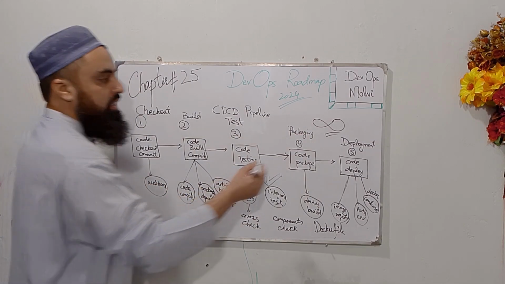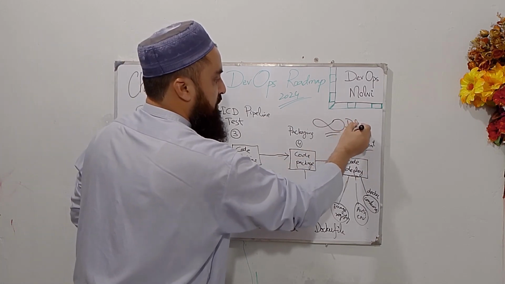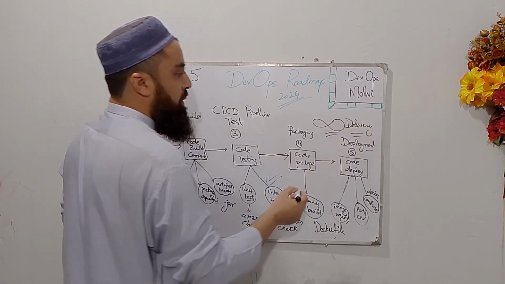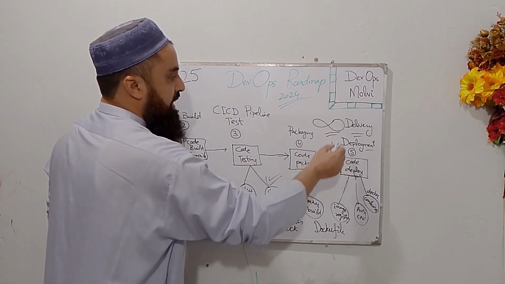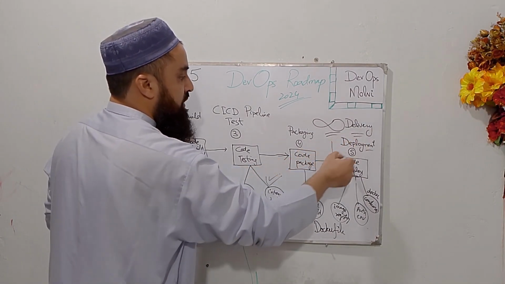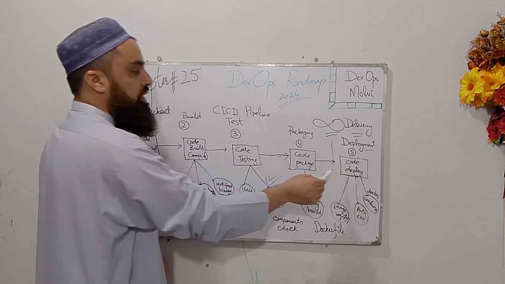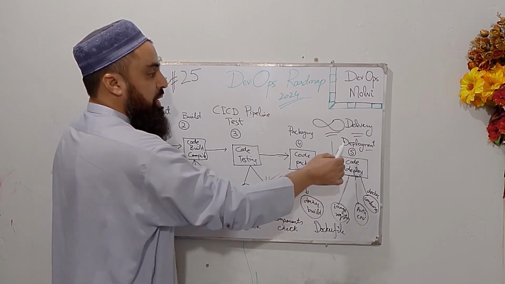If we have code delivery instead of code deployment, we must address the difference between code delivery and code deployment here as well. In code delivery, this step is not automatic. We have to deploy our artifact, our Docker image, manually.